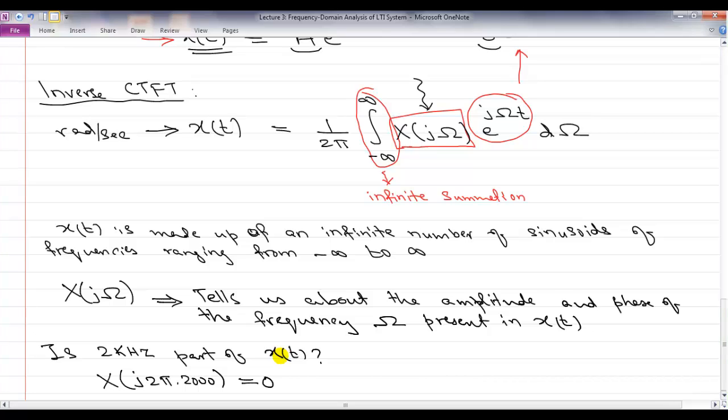If this is not equal to 0, so x of j 2 pi 2000 could be equal to, let's say, 2 e to the j pi by 3. In that case, you will say, yes, x of t has the 2 kilohertz frequency present, and the amplitude of that frequency is 2, and the phase of that frequency is pi by 3. Right? So this x of j omega, that is what is called the Fourier transform.